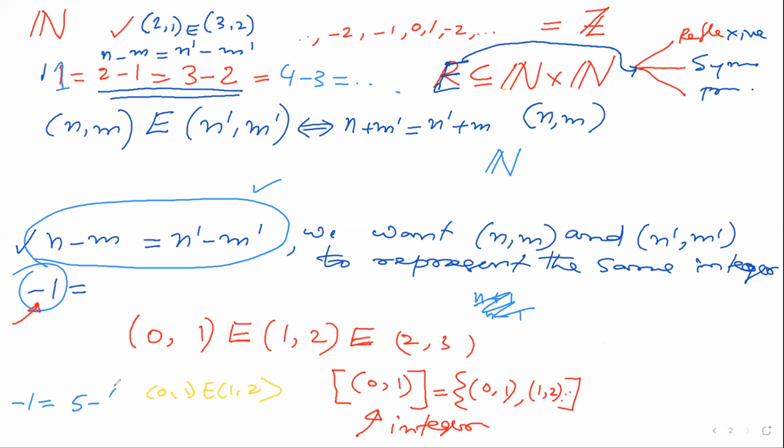It is 5 minus 6. The problem is, it is also 7 minus 8. So 5, 6, and 7, 8, and all the others are in one class, namely the 0, 1 class. Let's get used to that more.